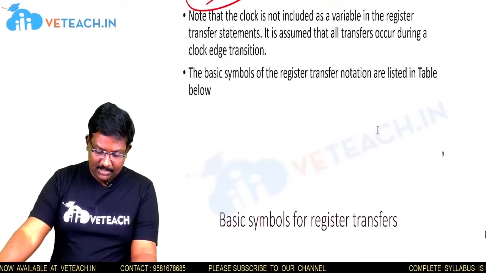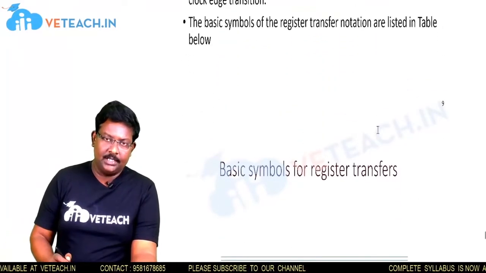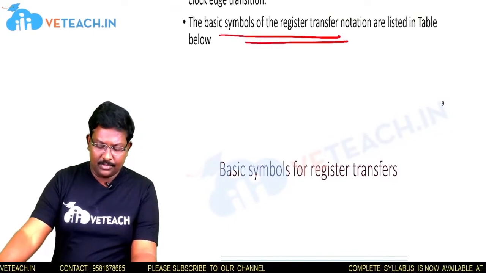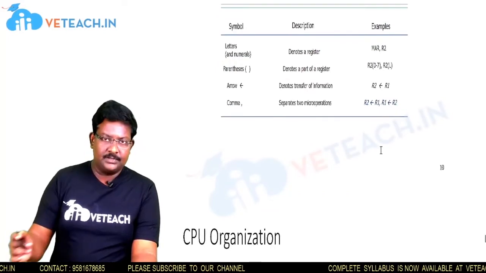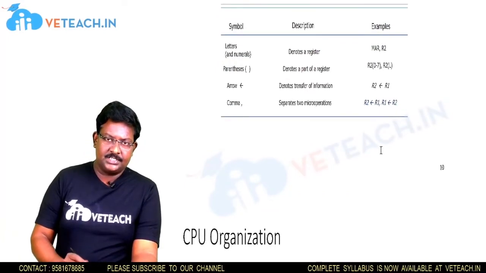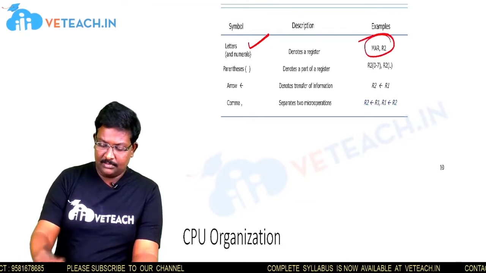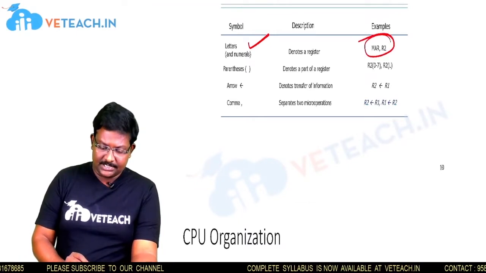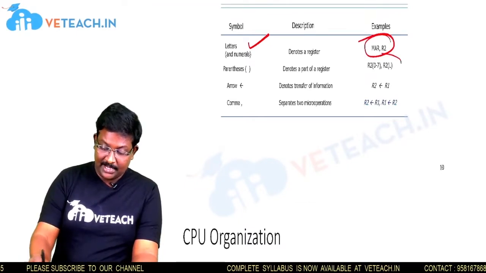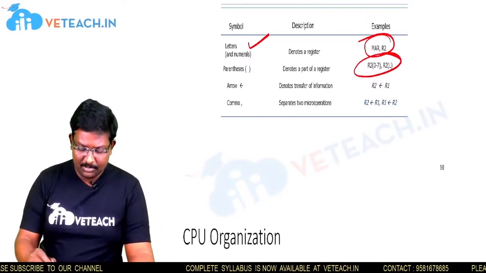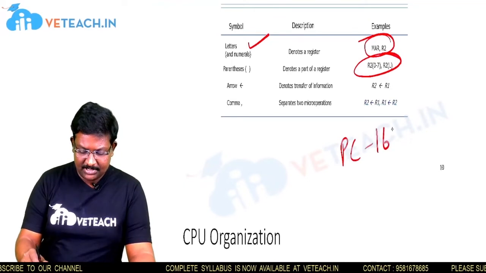Some of the basic symbols that are used in register transfer notation we are going to see now. As we have said, the registers are represented with letters and numbers, and we are using parentheses for representing a part of a register. For example, PC register is a 16-bit register.